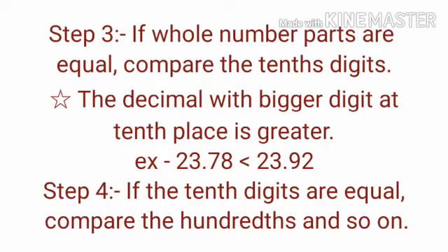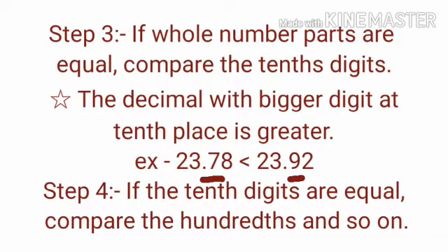Step 3. If whole number parts are equal, then we will compare the tenth digits. The decimal with the bigger digit at the tenth place is greater. For example, in 23.78 and 23.92, tenth digits are 7 and 9.